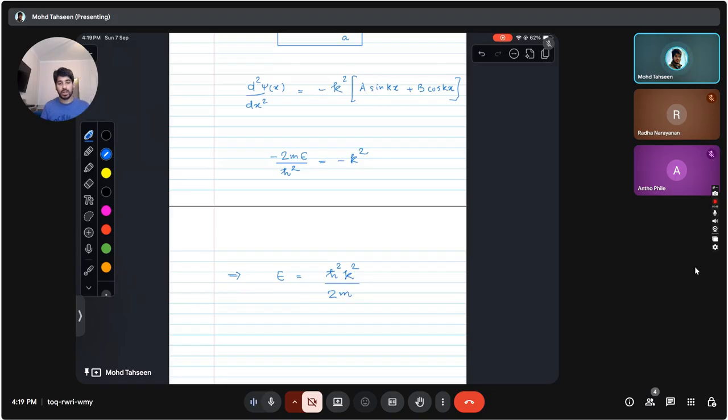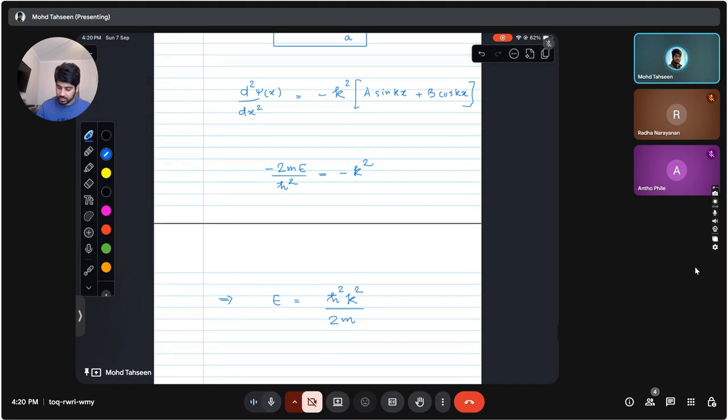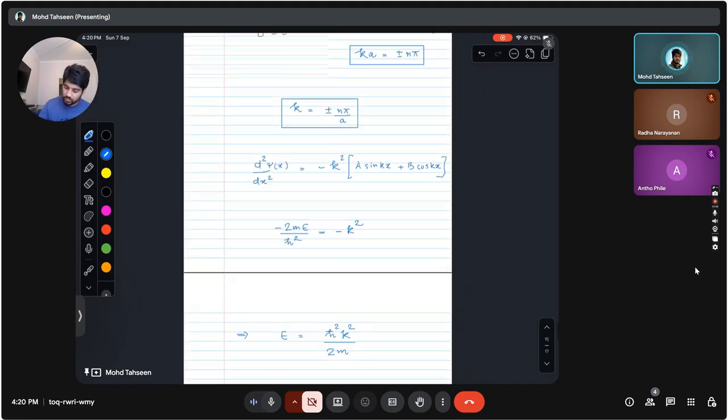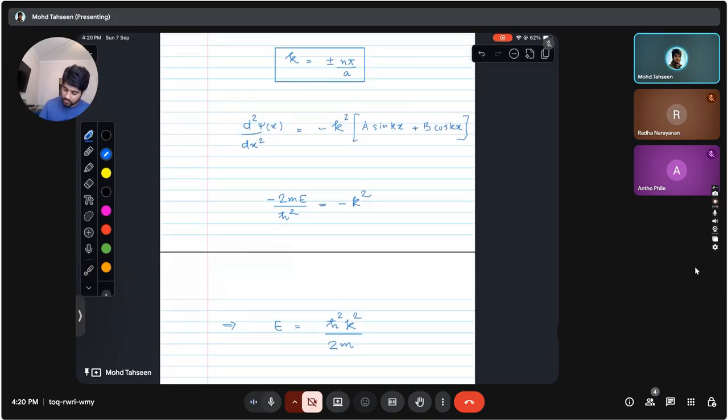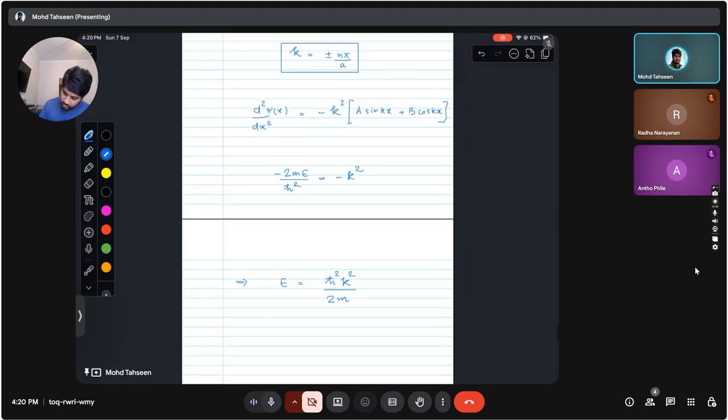So this is what we obtained earlier as well, before we started solving this wave function. Okay, and now we know what the values of k are, right? K has these values, so we can put the value of k square here, and what we find is E is equal to h cross squared, and instead of k square I'll write n square pi square divided by 2m a square.